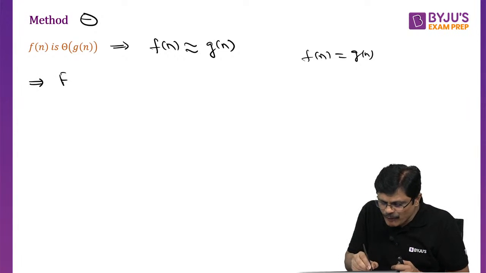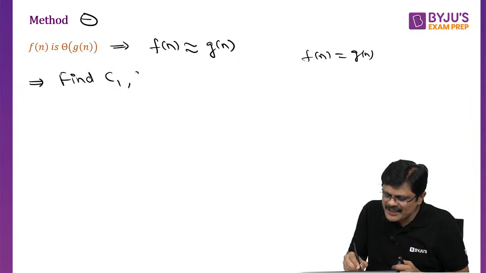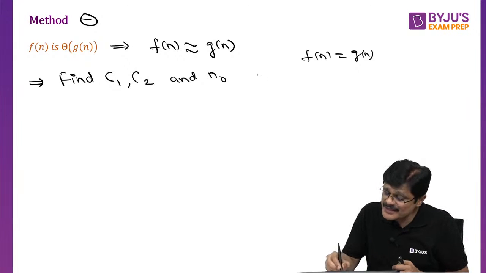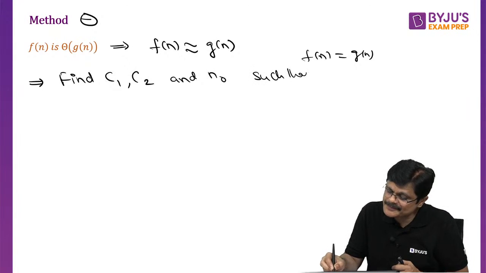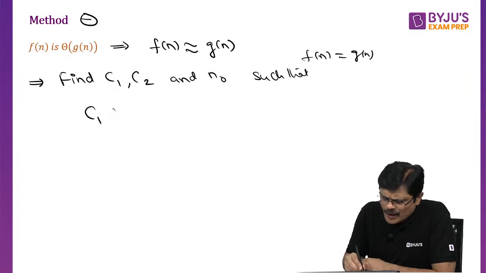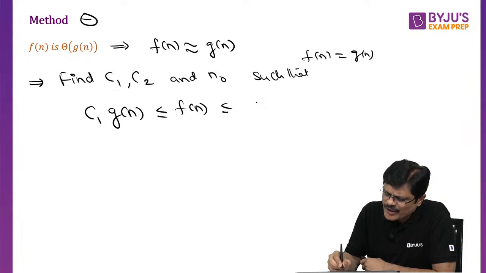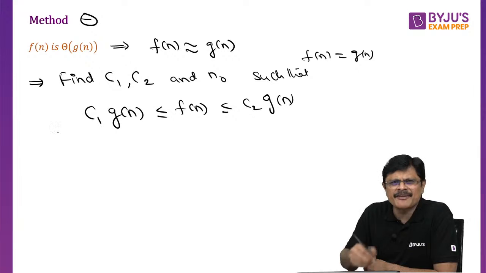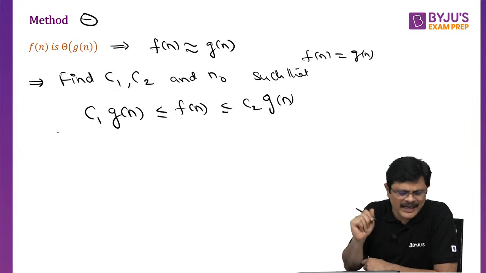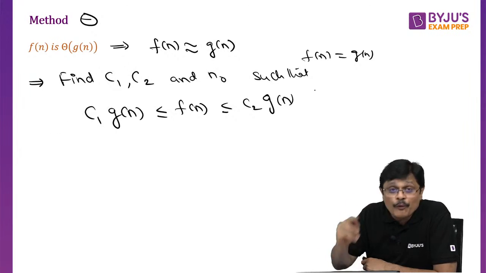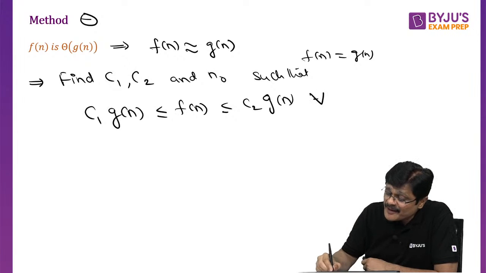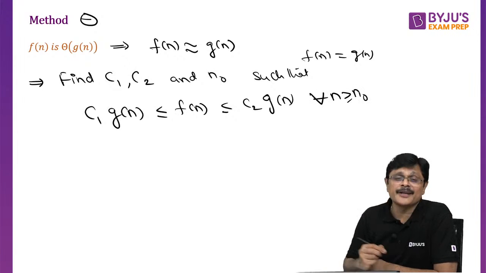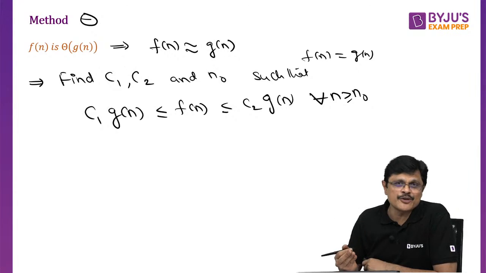For this, we need to find two constants, C1, C2 and of course N naught. How, sir? Such that some constant times Gn is less than or equal to Fn is less than or equal to some constant times Gn. That is, this constant is C1, that constant is C2. Am I clear? So this is what we need to prove, and this should happen for large values of N.